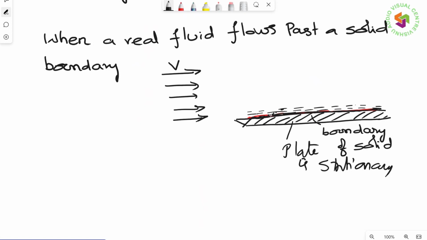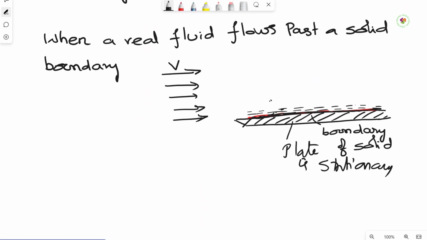That means there exists a zone near the boundary where the velocity of the fluid is retarded, and this zone where the velocity of the fluid is reduced is the boundary layer.